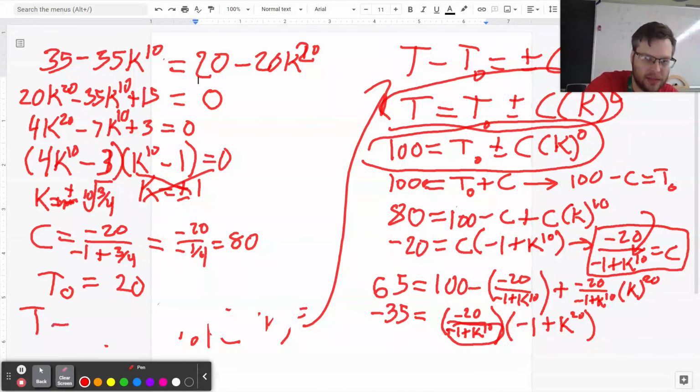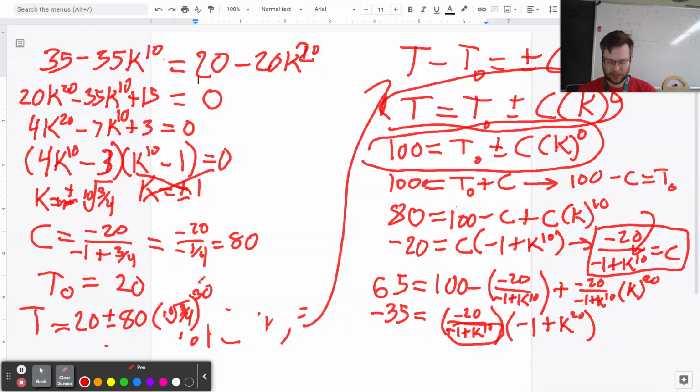So we say that's 20 plus 80 times the 10th root of 3/4 raised to the 30th, which is just another 3/4 applied to the previous answer. If you type all that in, 20 plus 80 times 3/4 to the third power gives me 53.75 degrees.